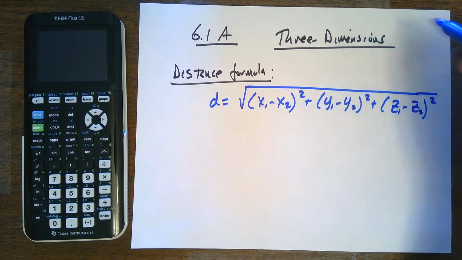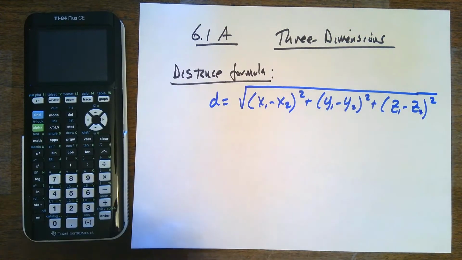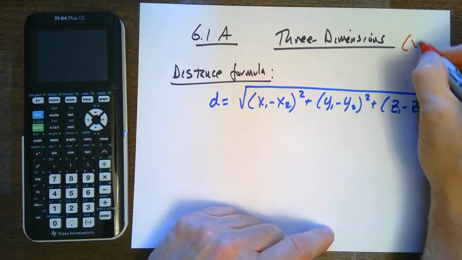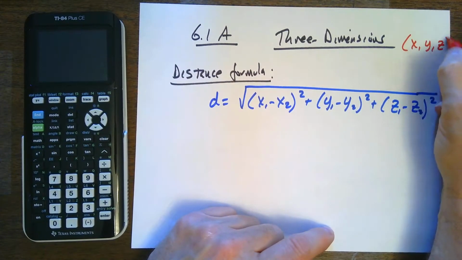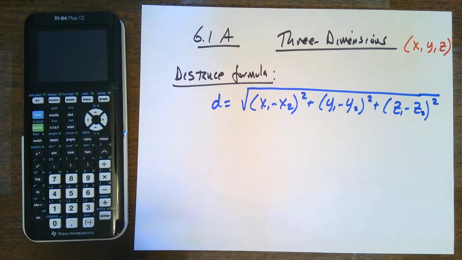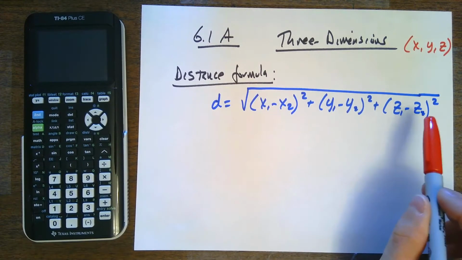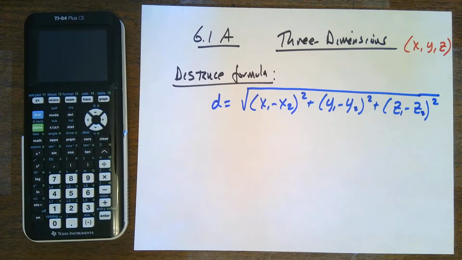Oh, you know what? I should have said, in 3 dimensions, every point, I think I said this in the last video, every point can be described as an x, a y, and a z value. So the distance between 2 points, look, we're just adding that extra thing there, right? So it shouldn't be that difficult, shouldn't be that frustrating.